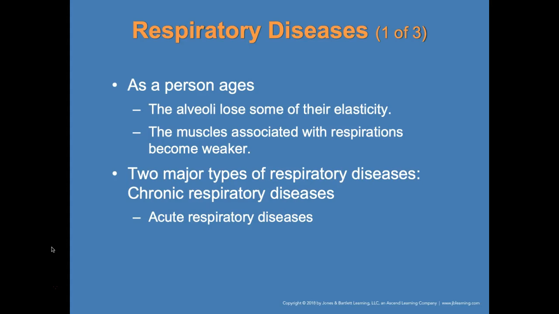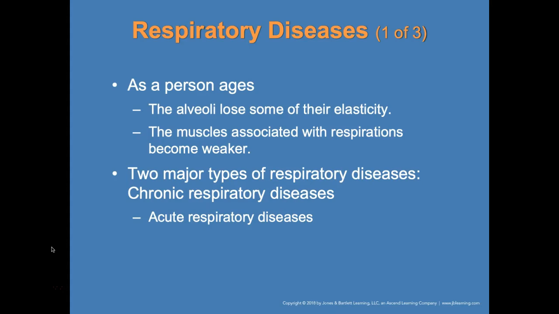With respiratory diseases, as a person ages, the alveoli lose some of their elasticity. Muscles associated with respirations become weaker. Two of the major types of respiratory disease we might see are chronic respiratory diseases and acute respiratory diseases.